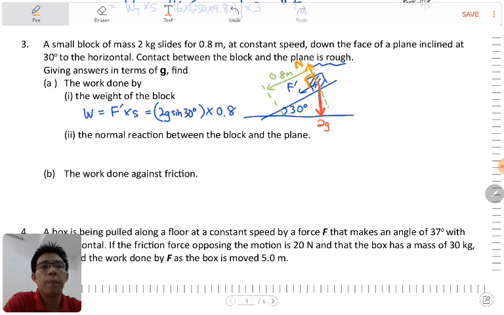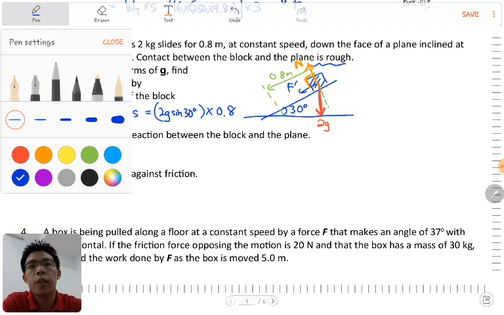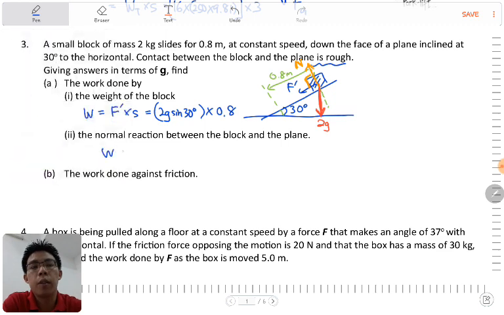Which means that, like the case of the waiter earlier, this one actually will be 0 because we cannot resolve a force into a direction that is perpendicular to itself. Okay, so N will be 0, and therefore work done will be 0.